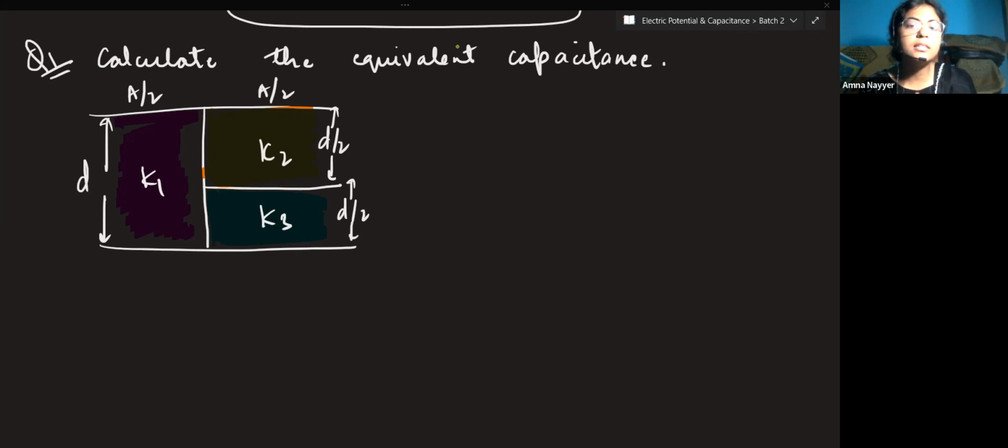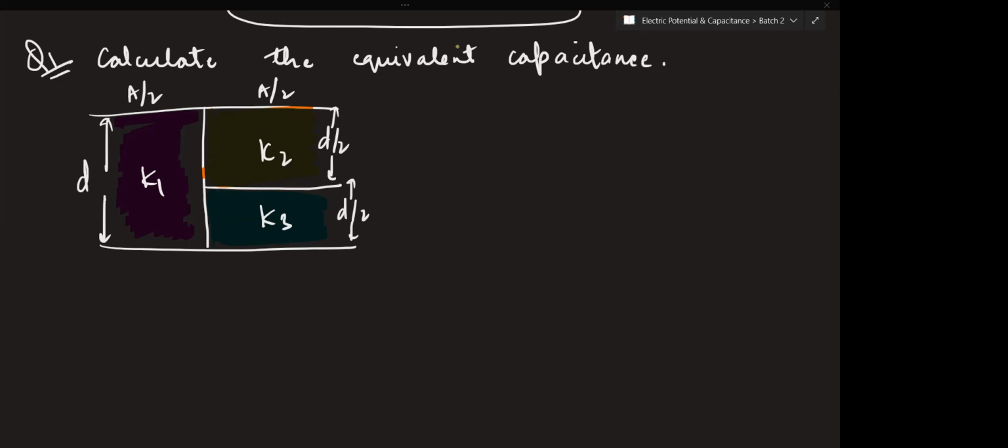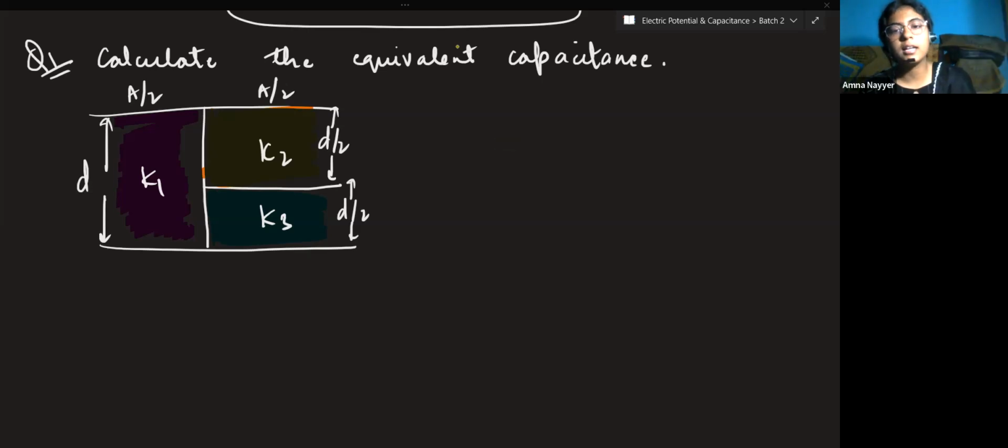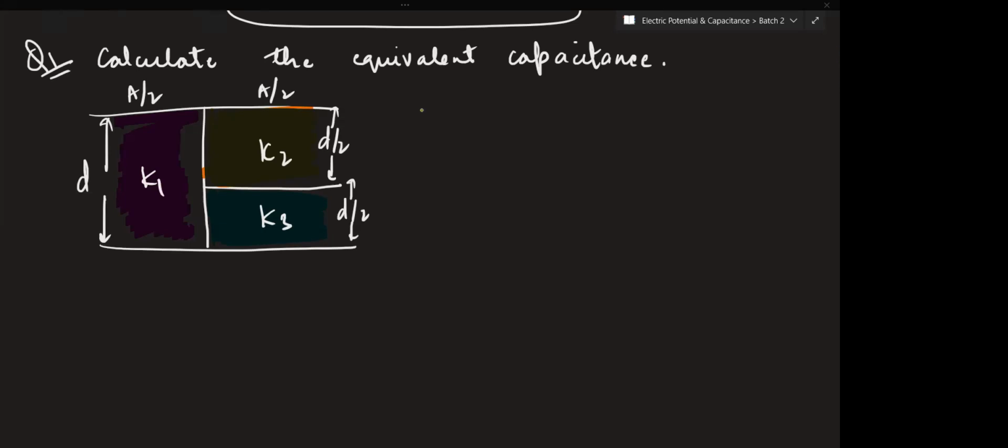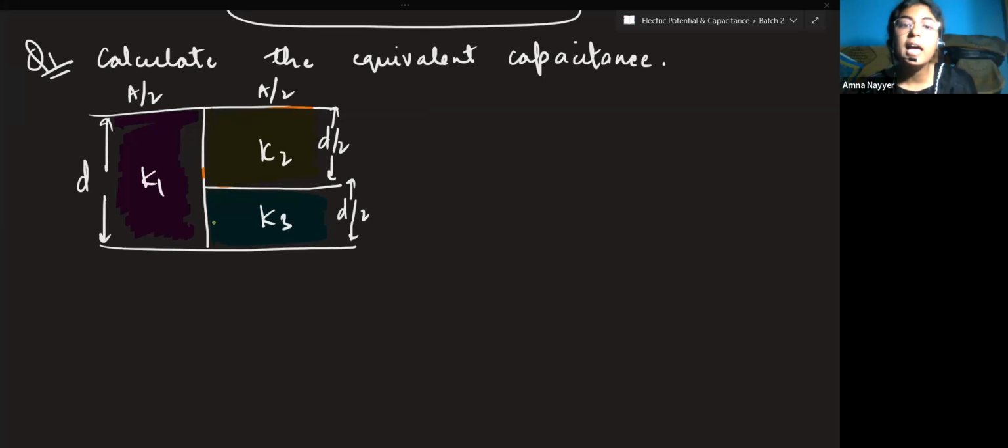Not only series. Yes, say. K1 and K2, K3 are connected in parallel, and K2 and K3 are in series. K2, K3, are these connected in series or parallel? Series. They are connected in series. K2 and K3 are connected in series, and the resultant is connected in parallel.